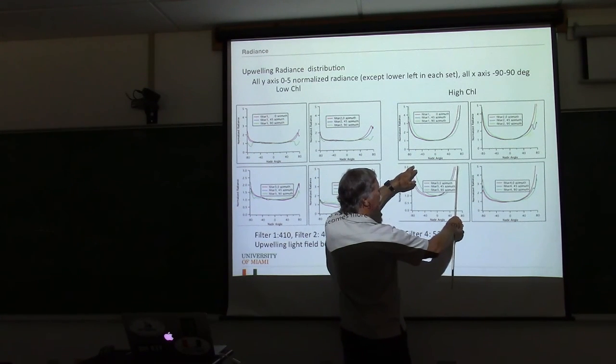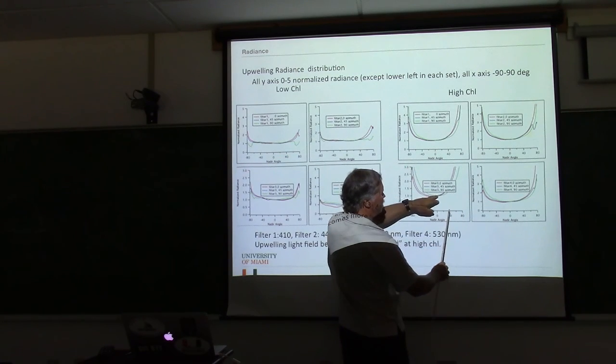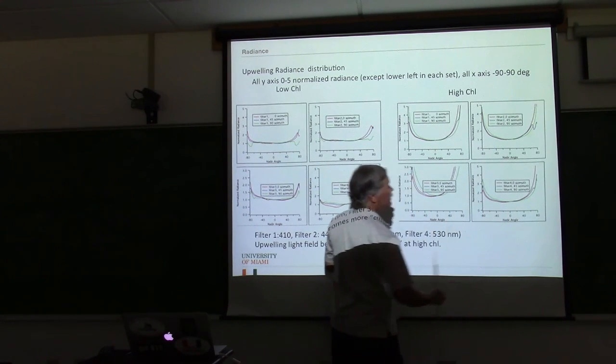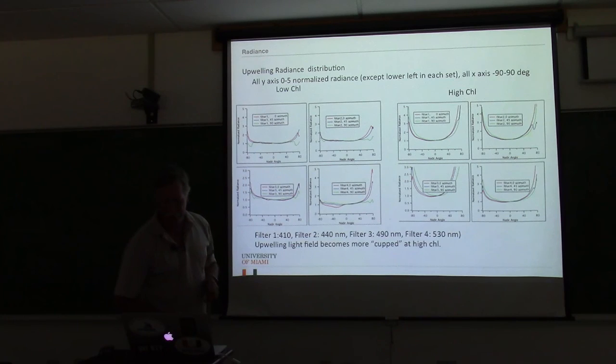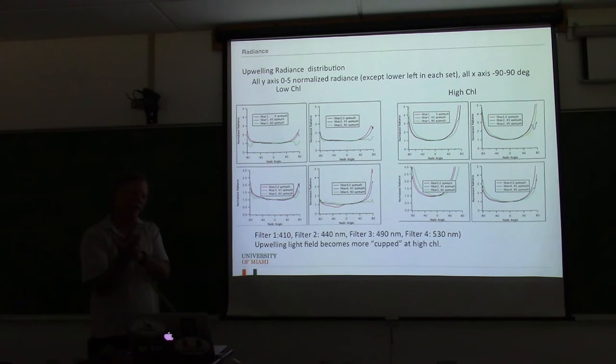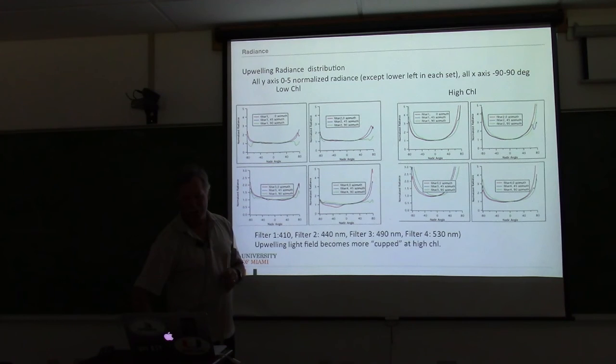The edges are much brighter toward the horizon than looking straight down. That's going to be important for us in terms of remote sensing in a little bit. So the higher the chlorophyll, the more cupped I like to call the radiance distribution, with more variation with angle.